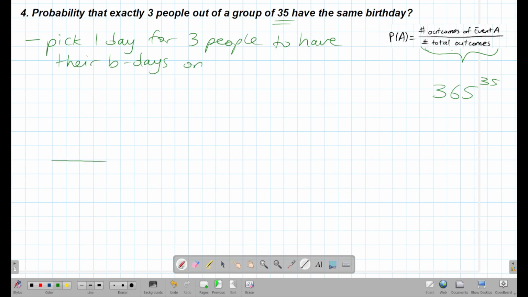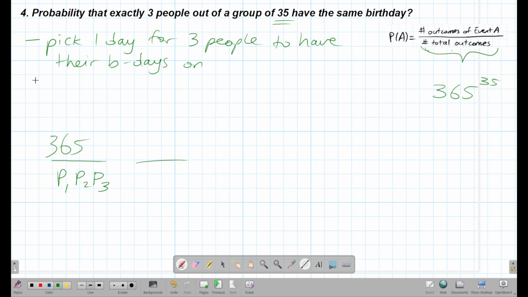How many choices do we get for person 1, 2, and 3? We get 365 for our first 3 people.